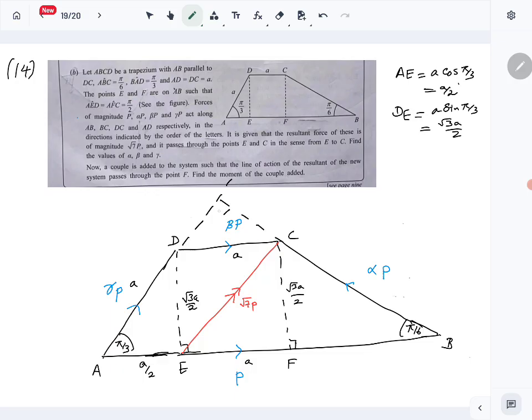They meet at a 90-degree angle, because this is 60 and this is 30, so this angle has to be 90. Let's say this is G. We need to find CG length. Using the CGD triangle, CG is A sine pi over 3, which gives you root 3A over 2.